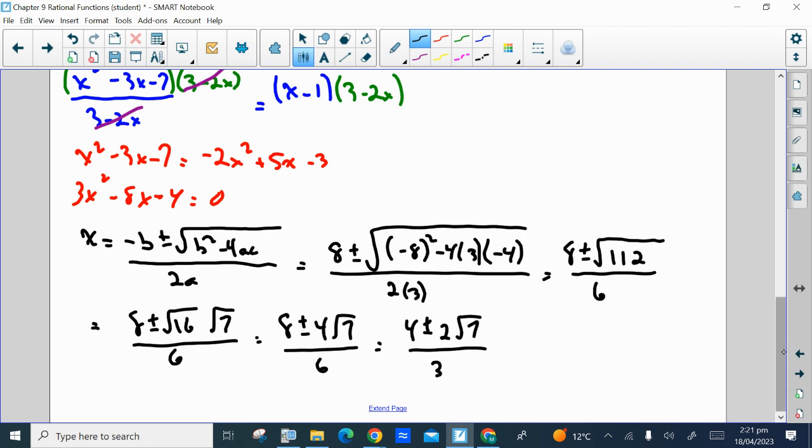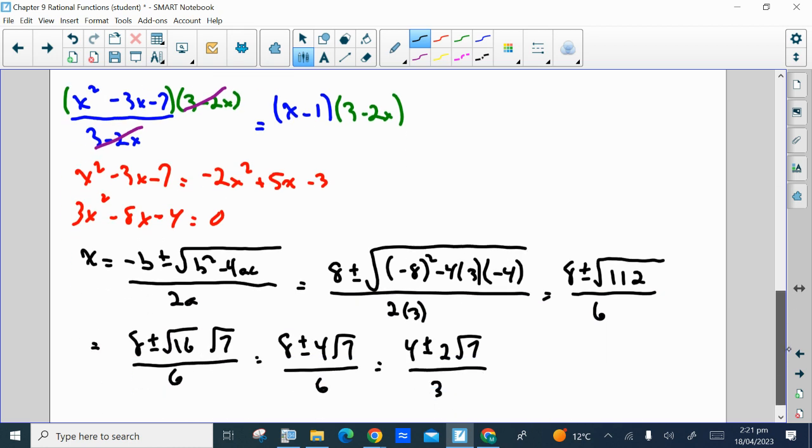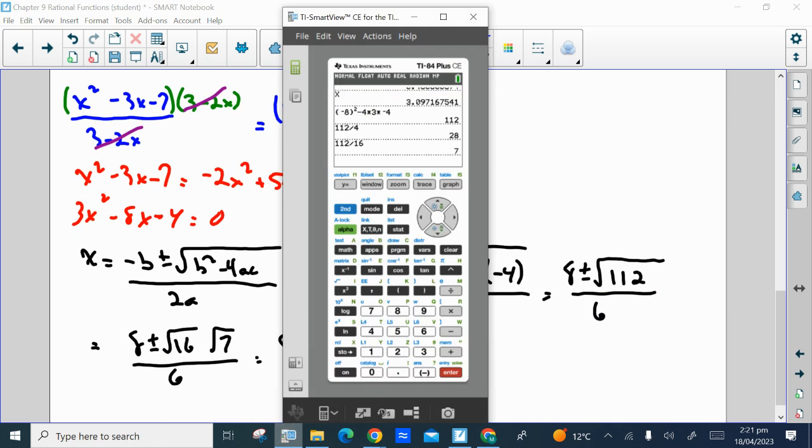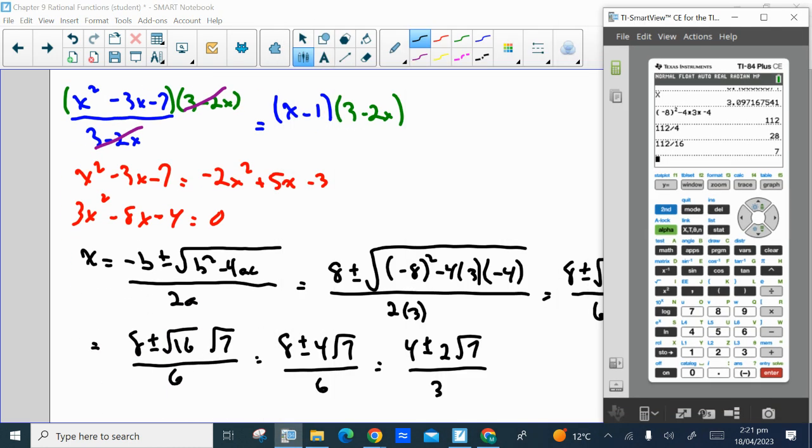So to check it against the 2 decimals that we found above, again, we can use our calculator. Keeping the numerator together in brackets, we'll do 4 plus 2 root 7 all over 3. So there's that 3.1 number that we got on our calculator.